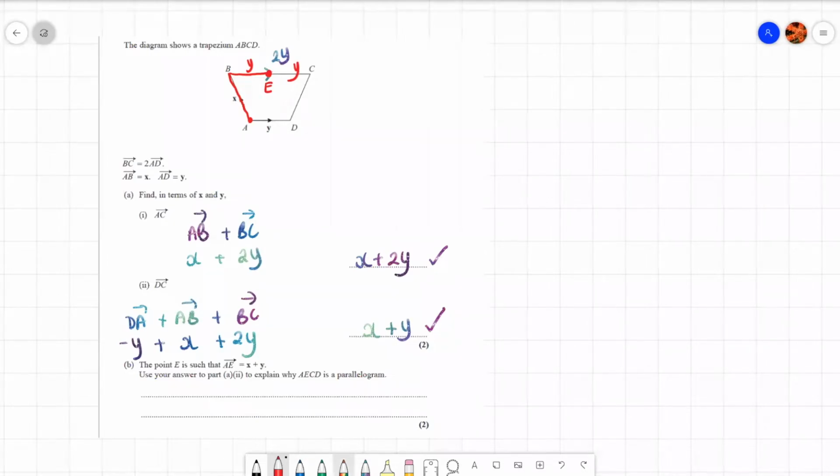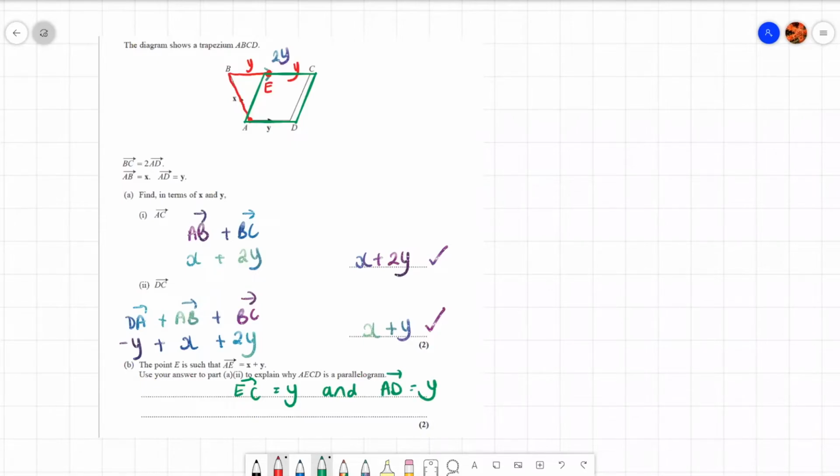And then it's asking me to prove that AECD, so AE, CD here, is a parallelogram. Well, we know that AE and CD must be the same, and I know that EC is Y and AD is Y.